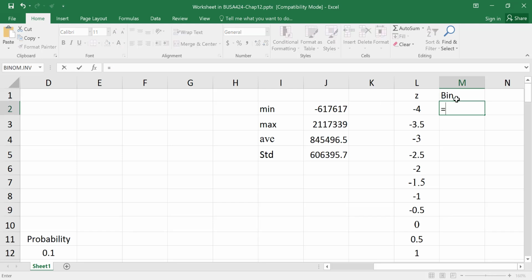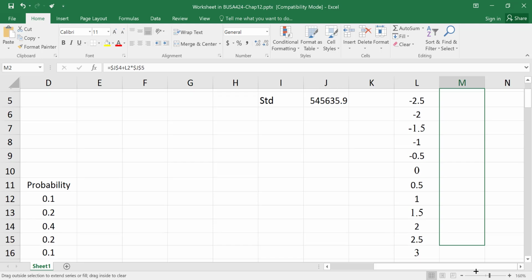So the bin is the average plus these numbers times the standard deviation. So we reference these cells, and we select this.